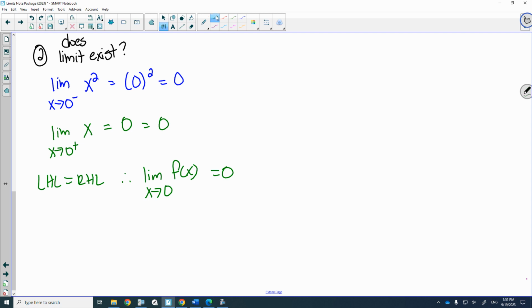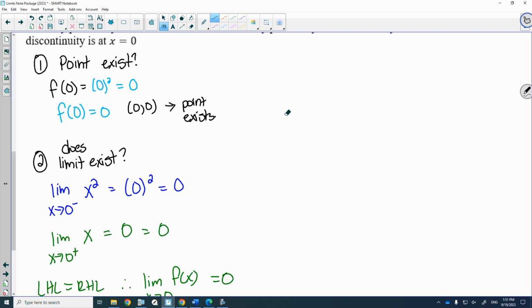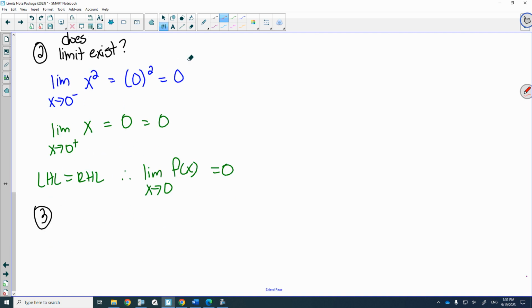For it to be continuous, the third thing is the limit has to equal the point. The point that we had was 0, and the limit that we had was 0. If they're the same number, then we can say the limit as x approaches 0 of f of x is equal to the point, f of 0.